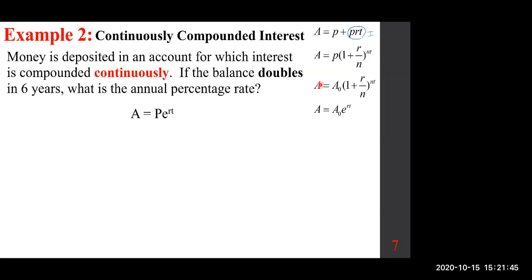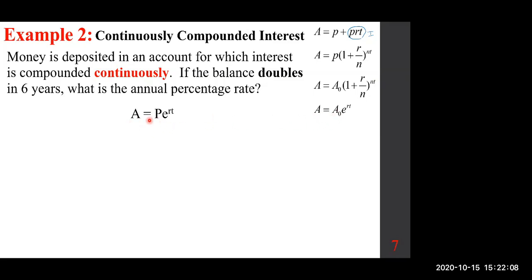Sometimes, instead of P, they use A sub 0. Again, I just want to tell you it's the same formula. It really depends on the course and the text. And this is compounded continuously. Everybody remembers that, right? Now, should we use A sub 0 or P? It depends on the course. So let's stick with one of them.